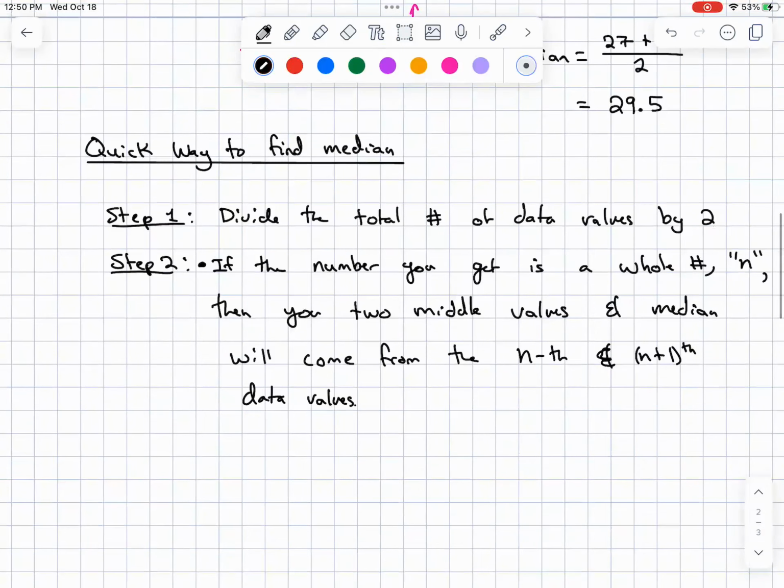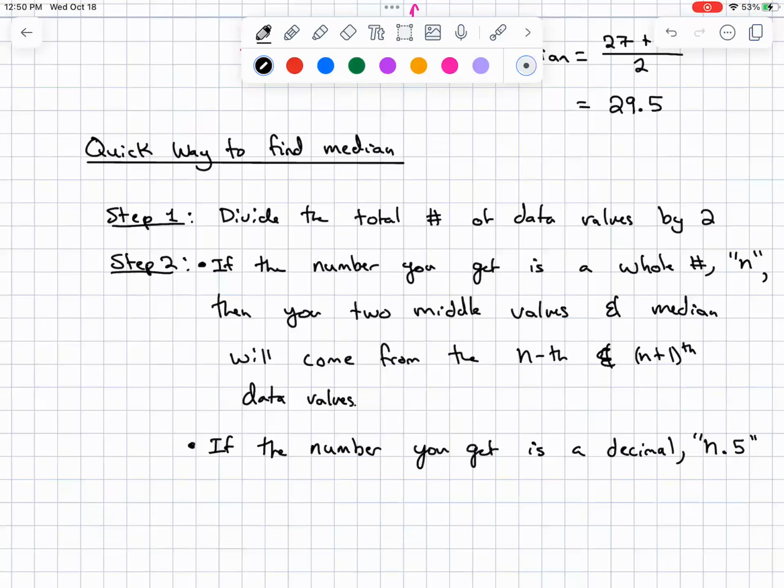Whereas if the number you get is a decimal, n.5, since we're dividing by 2, it'll either be a whole number or a whole number plus 0.5. So if there's 7 values, divide that by 2, you get 3.5. If there's 9 values, you'll get 4.5.